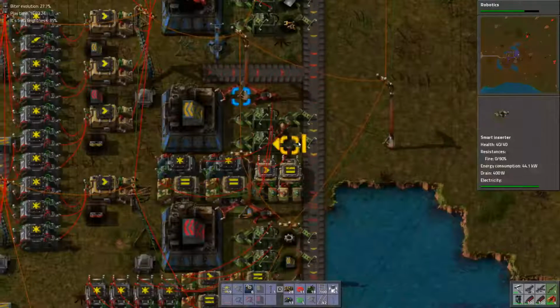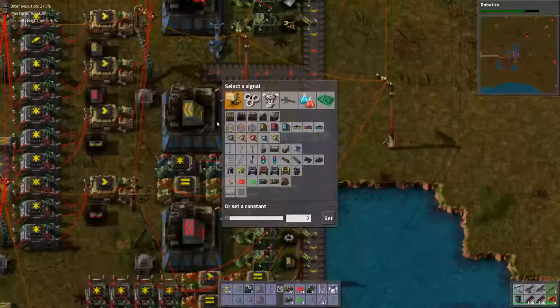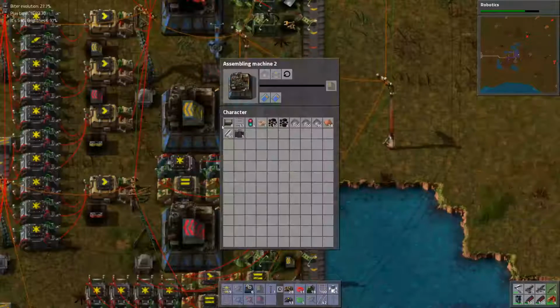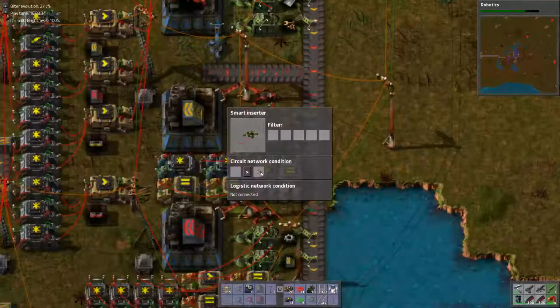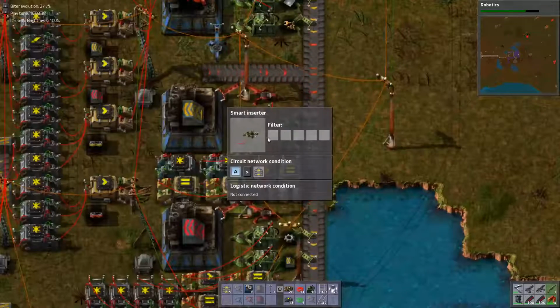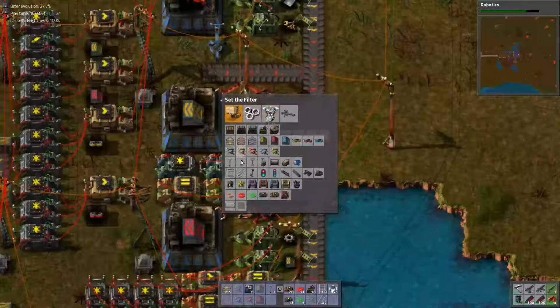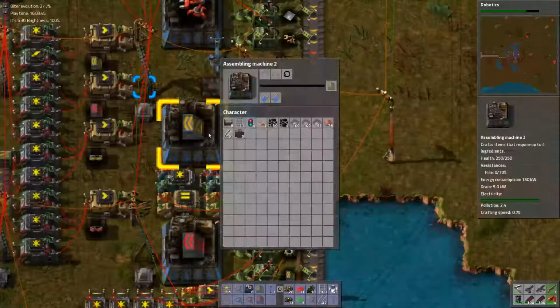Good. If the network condition is greater than... I don't remember what I need. Belt. If it's greater than belt, you shall work. If you are greater than iron, is it not? Yes.